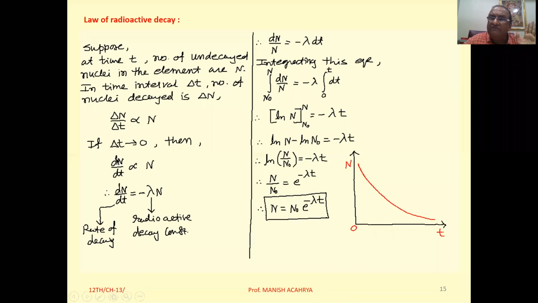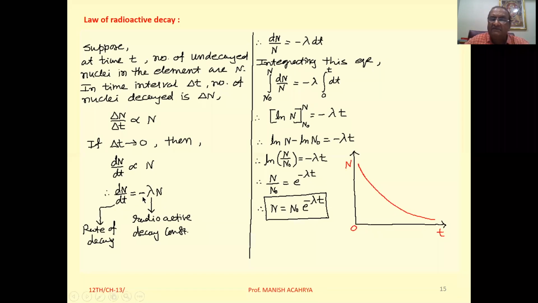Now if we take the limit delta t tends to 0, we can write delta N by delta t as dN by dt, which is proportional to N. So dN by dt, the rate of decay, equals minus lambda into N, where lambda is called the radioactive decay constant.